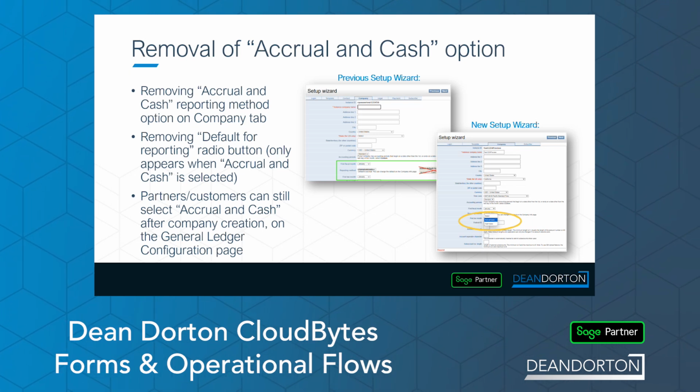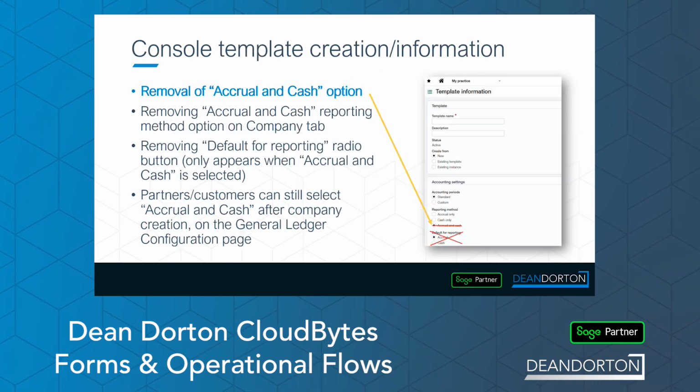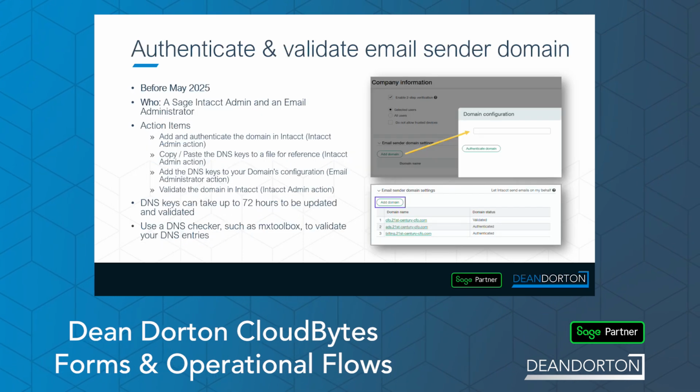And if you have restaurants and you have other types of organizations in your company, then you could be in a distributed environment. So these are some things here that have been added into that. Console template creation, talking about here, removing accrual and cache. That is something, again, typically for that type of environment.